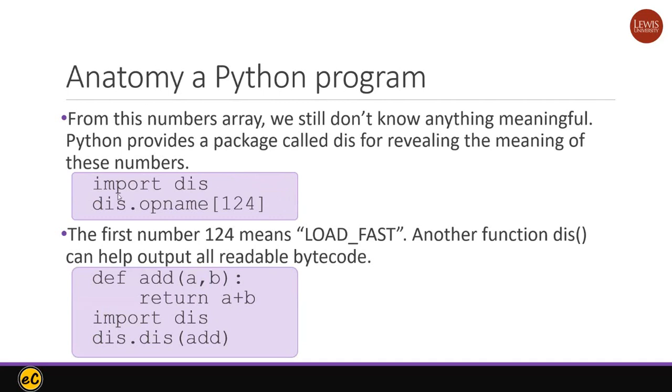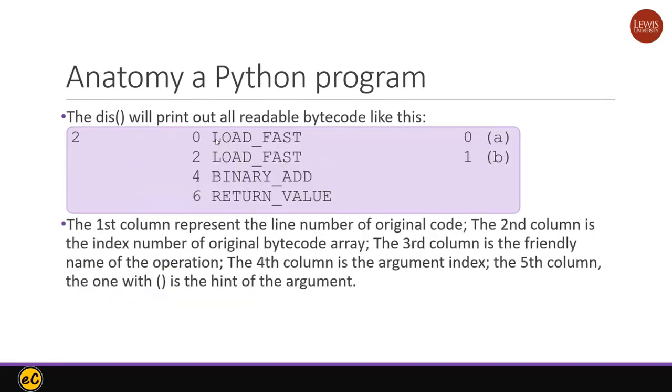So here you can import dis. dis is the disassembly module. Then you disassemble this add function, and you generate LOAD_FAST, BINARY_ADD, and RETURN_VALUE.